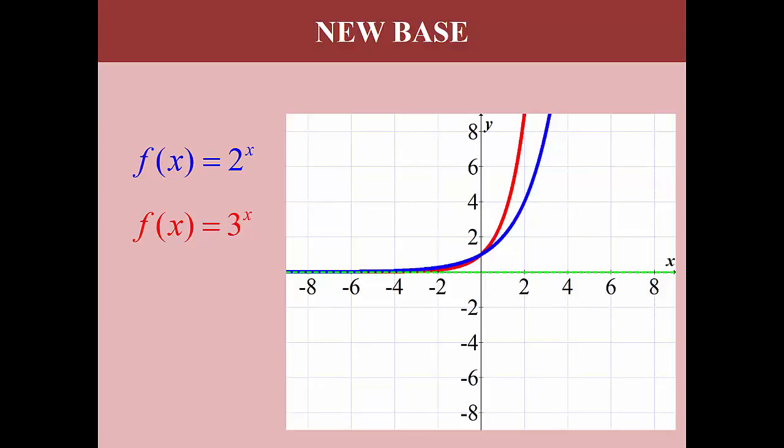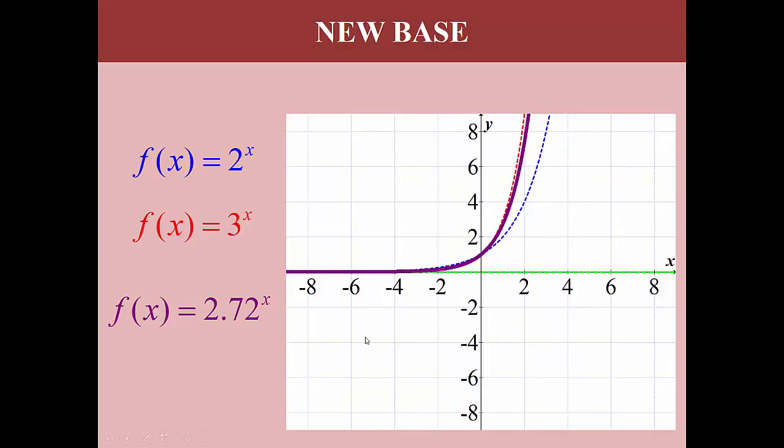Here are the functions 2 to the x and 3 to the x. There is a special number between 2 and 3, approximately 2.72, whose graph would be in between the red and the blue lines. So the purple graph here is the graph of 2.72 to the x.